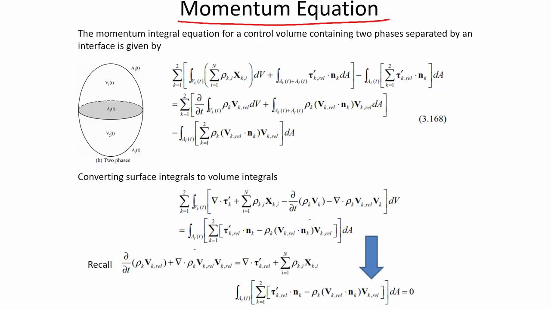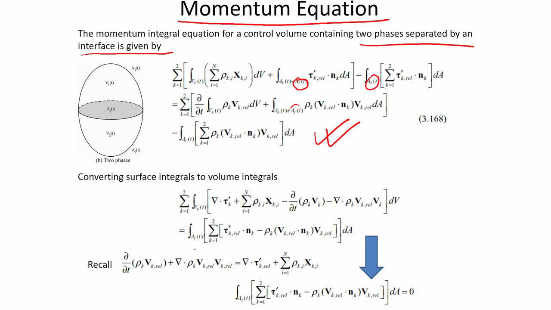Now, let us go to the momentum equation. The momentum integral equation for a control volume which has two phases separated by an interface is given by this equation form. Let us look at each of the terms once again. Like last time, we have added the interface term and subtracted the same.